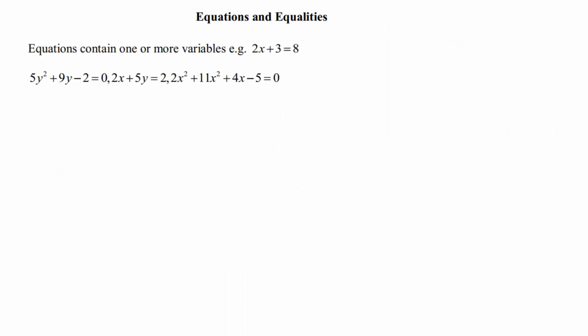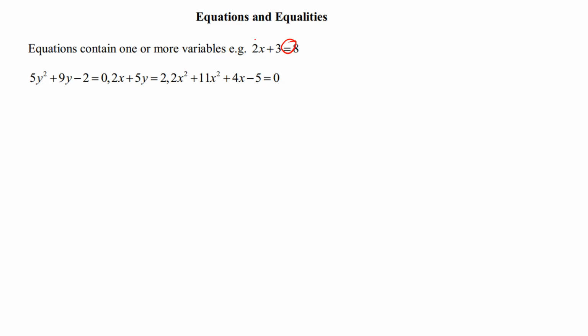So let's look at equations and equalities, and then from there we'll also do some examples. Equations contain one or more variables. For something to be called an equation, first of all, it needs to have an equal sign in between.